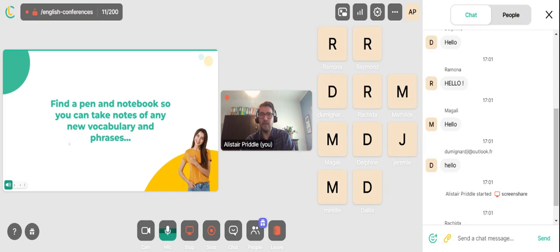Okay. And of course, as usual, we recommend that you find a pen and a notebook so you can take notes of any new vocabulary and phrases. Of course, you can also take a screenshot of pages as we progress through the conference lesson as well.